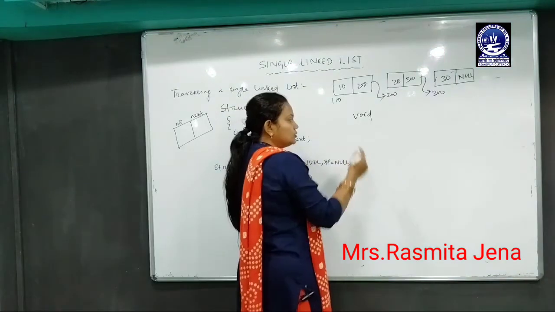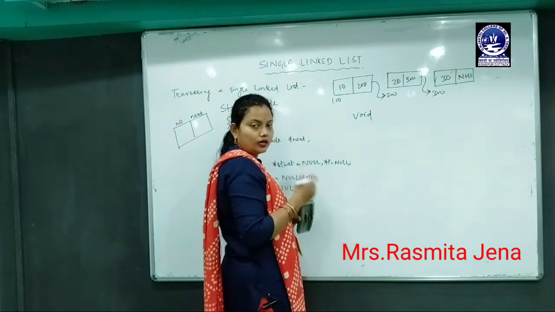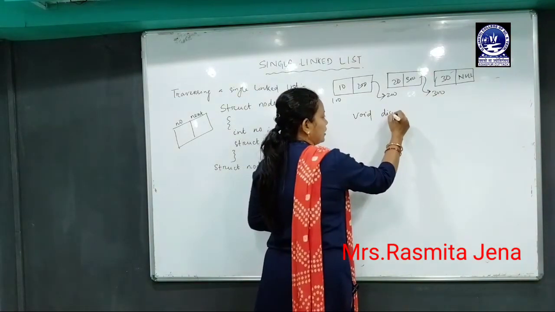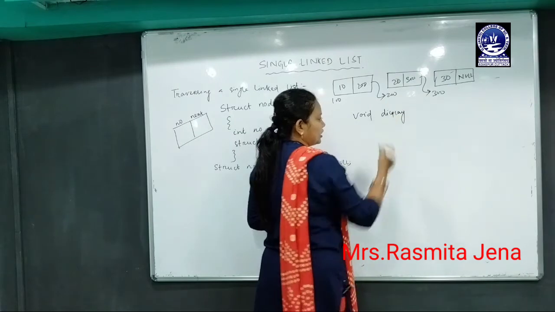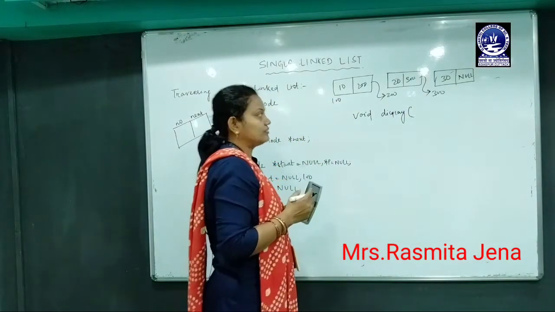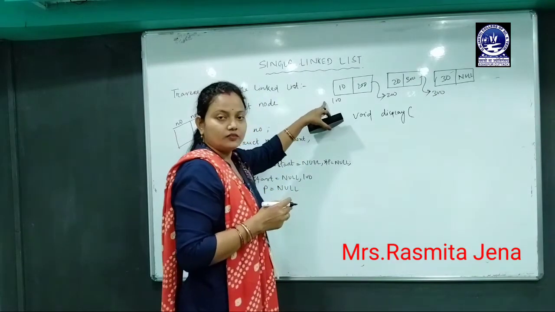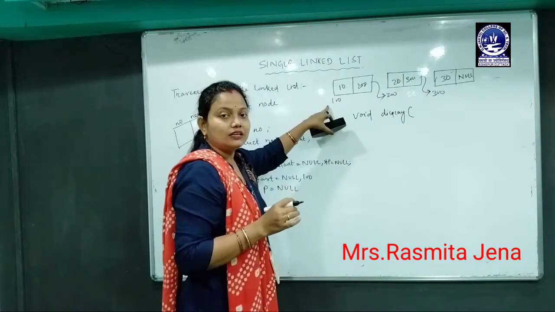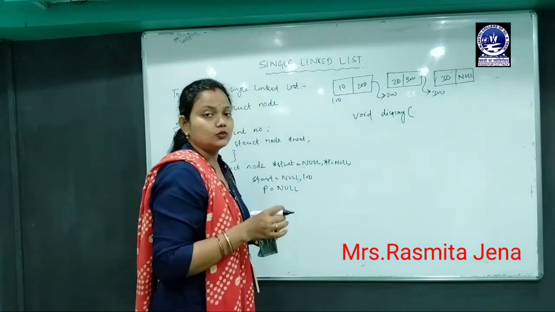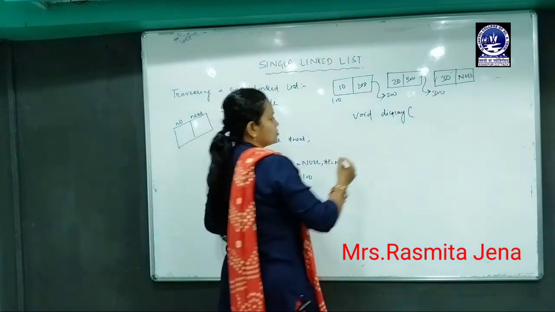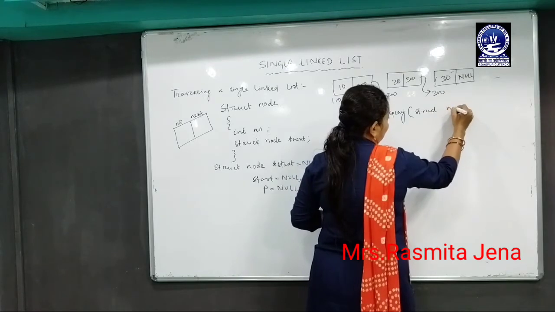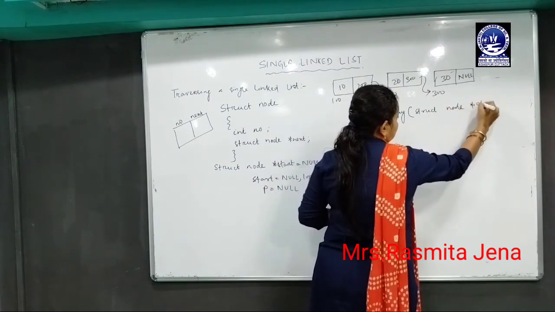As we are not returning any node to the calling part, the return type is void, and the function name is display. You can take any user defined function name. We receive the starting node because we will start traversing from the beginning of the list, so we need the starting address, that is, the first node address of the list. So here, struct node start.